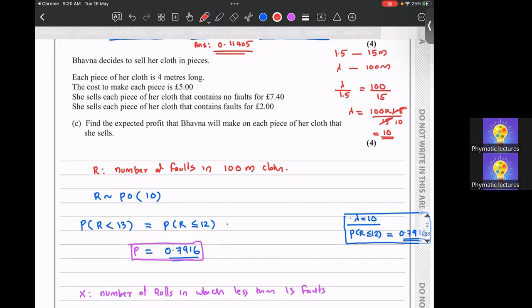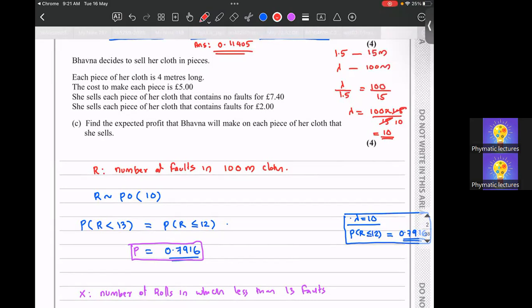See, you have to provoke your thoughts to solve this question. Why? Because you can see it is kind of an indirect question. What she's going to do is sell the cloth.